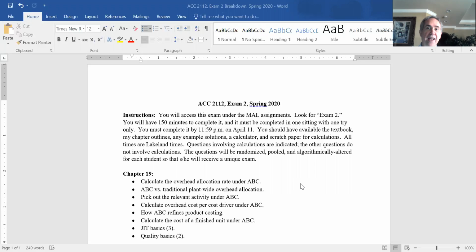Again, that is with overhead. Each activity has its own overhead cost pool, its own cost driver or allocation base, which is more likely to be closely correlated with that overhead cost pool for the activity. So hopefully in the end, we more closely reflect resource consumption when it comes to overhead for the activity.